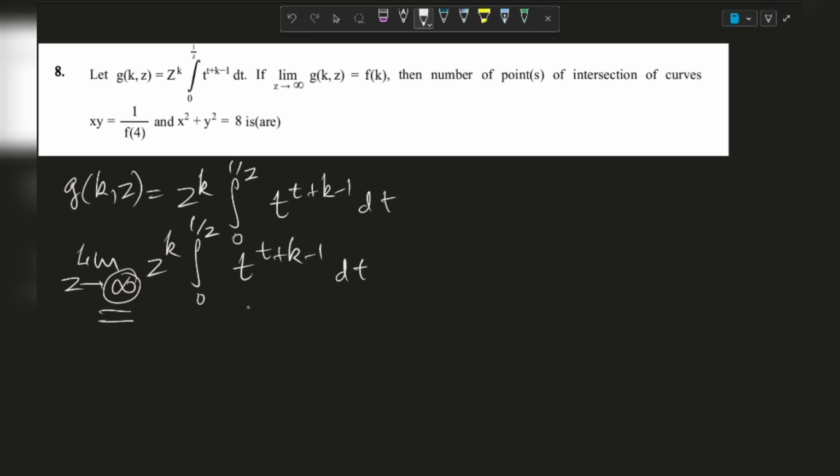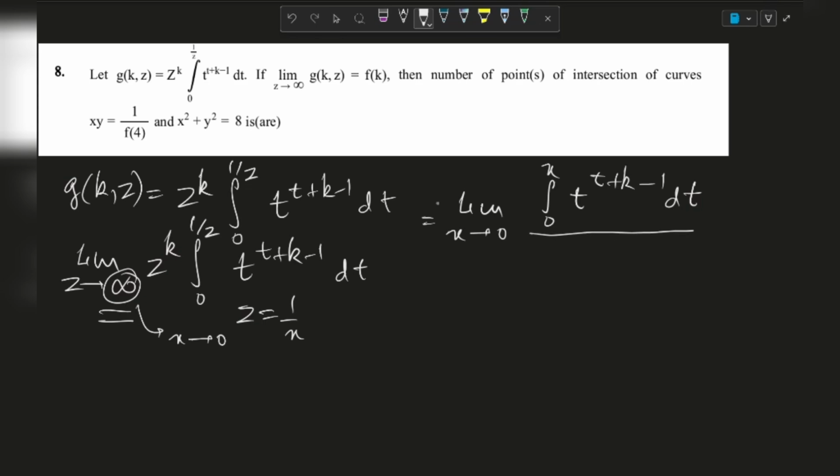So I will substitute z as 1 by x, so that as z tends to infinity, x tends to 0. So basically this will become limit x tends to 0 integral 0 to x of t power t plus k minus 1 dt, and whole divided by x power k in the denominator.